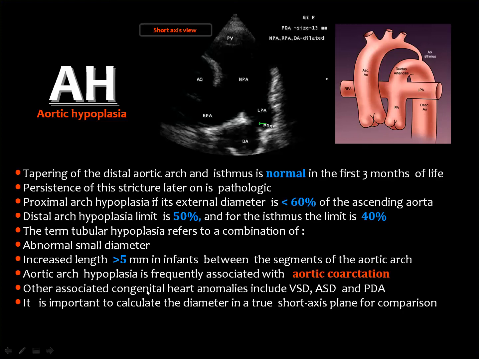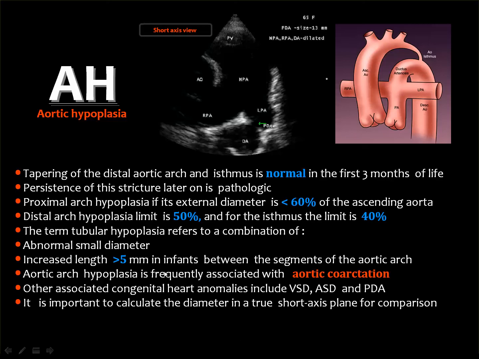Sometimes aortic hypoplasia is associated with aortic coarctation, and you know that about 4 lesions occur in the region of the aortic isthmus: the patent ductus, the aortic hypoplasia, the coarctation of the aorta, as well as the aortopulmonary window, as I will mention in a few moments.